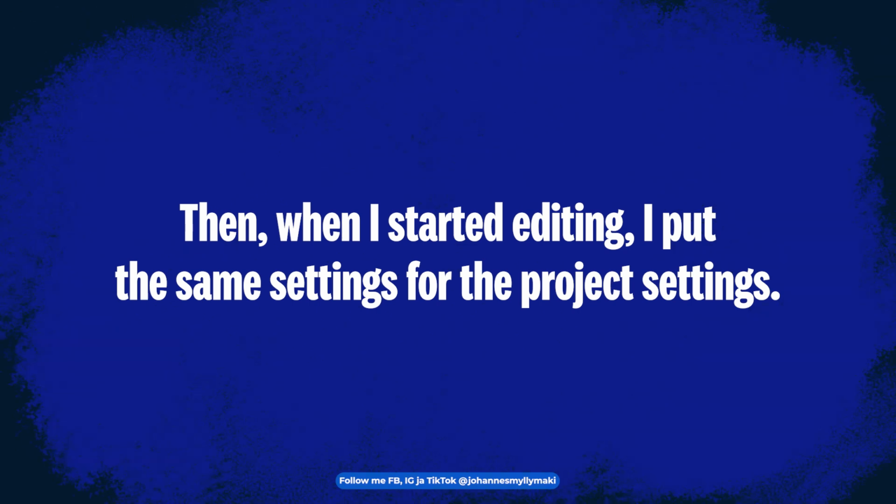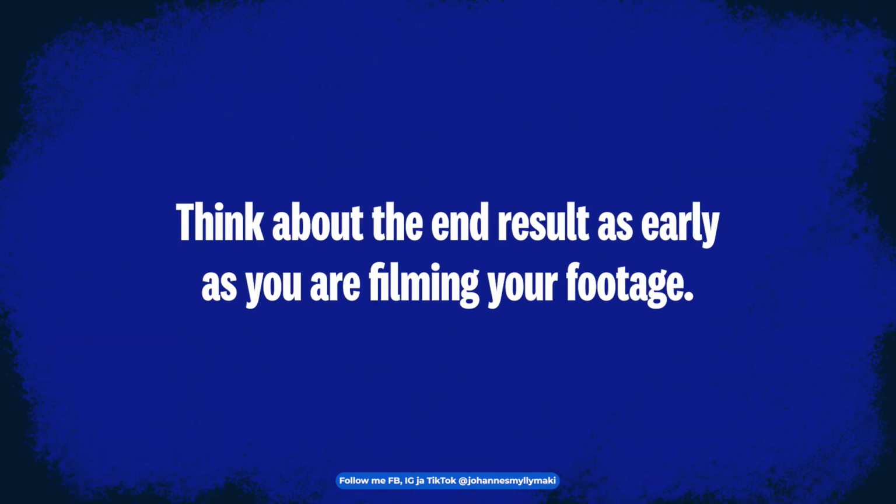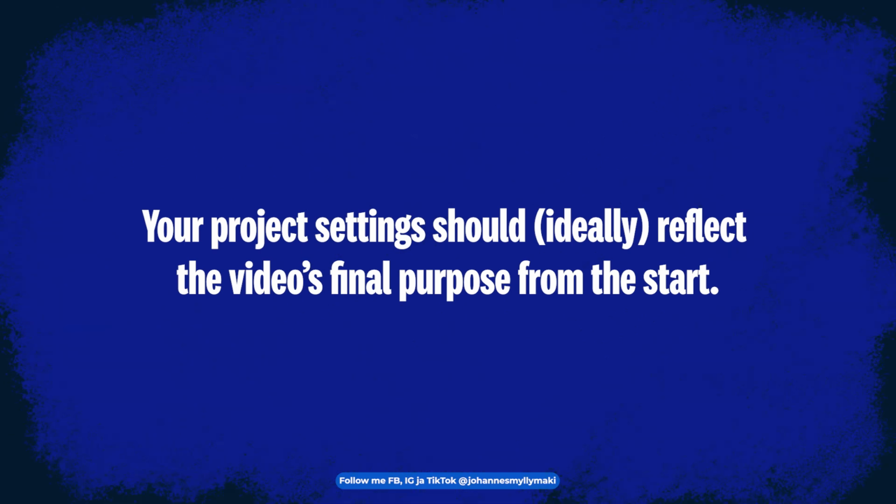Summa summarum, you should think about the end result from the beginning already when you are shooting your video, okay? And when you are starting to edit your video, you ideally put the same settings to these video project settings, and then you take out that kind of video from whatever video editing program. It doesn't matter if it's HitFilm or Adobe Premiere.